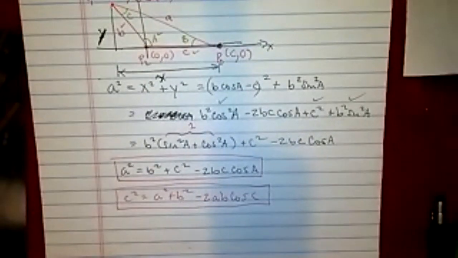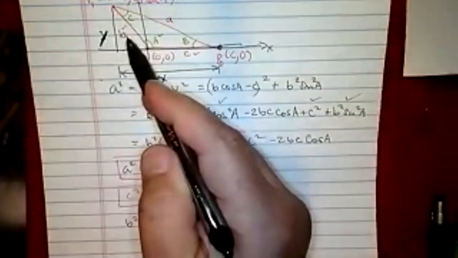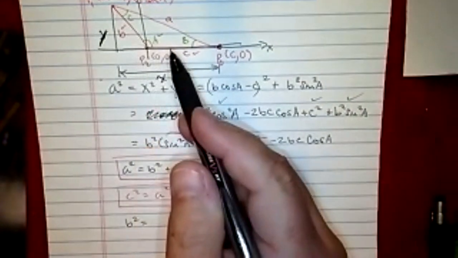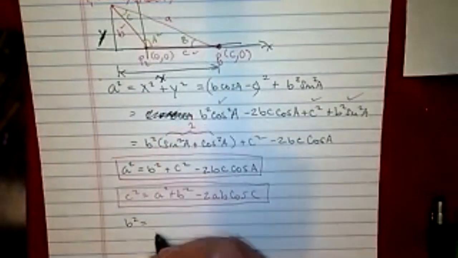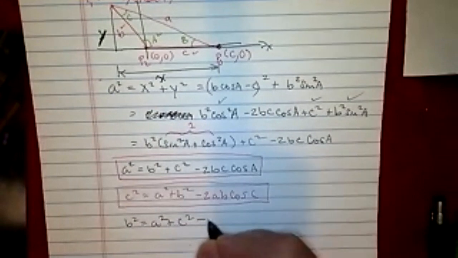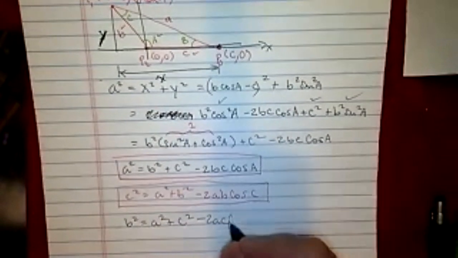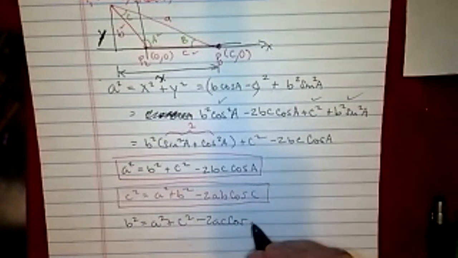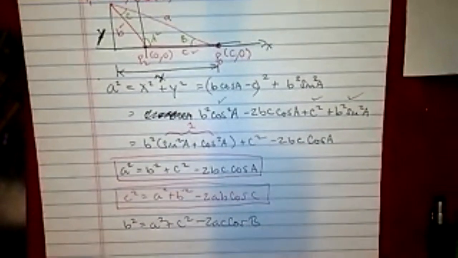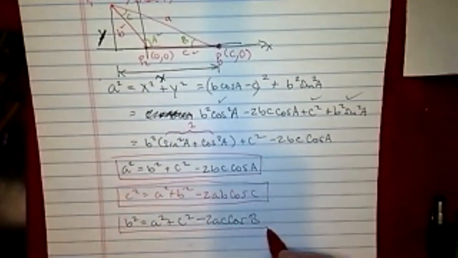Now, if I also wanted to do b, I could say b squared is equal to, now I'm looking at b, so the other two sides are a and c, so it's a squared plus c squared minus 2 times the two sides, ac, times the cosine of the angle between them, which is big B. So those are the 3 versions of the law of cosines.